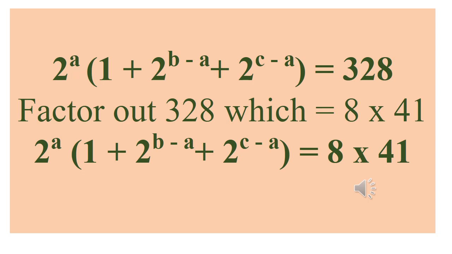Then we now have 2^a, open bracket, 1 plus 2^(b-a) plus 2^(c-a), close bracket, equals 328. Then if we factor 328, it is 8 times 41. So we have 2^a(1 + 2^(b-a) + 2^(c-a)) = 8 times 41.